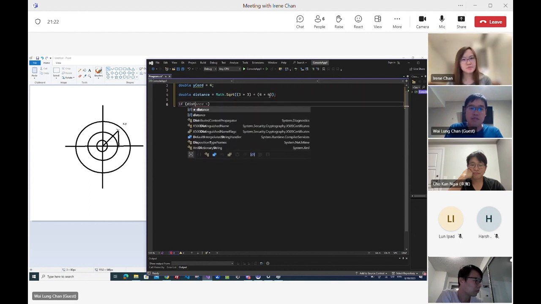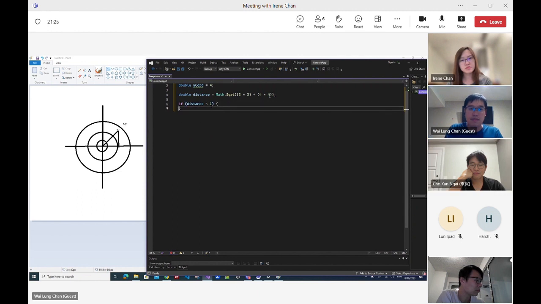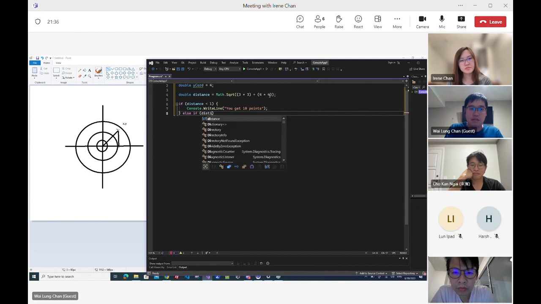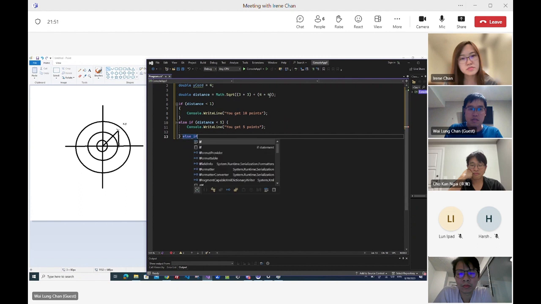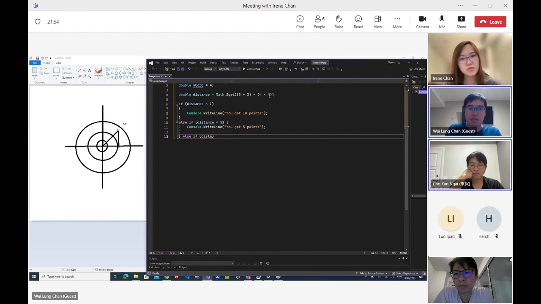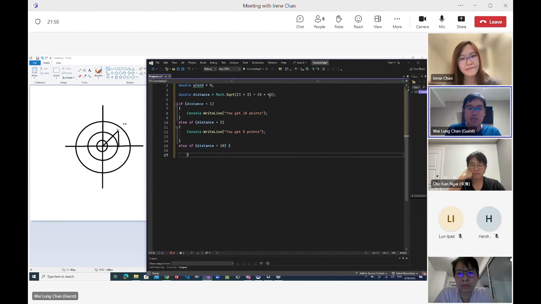If distance is less than 1, then you get 10 points, and then if the distance is less than 5, you get 5 points, and then if the distance is less than 10, you get 1 point, else 0.